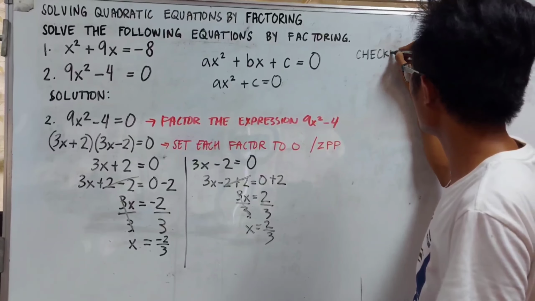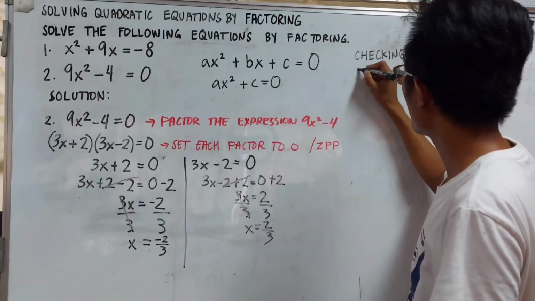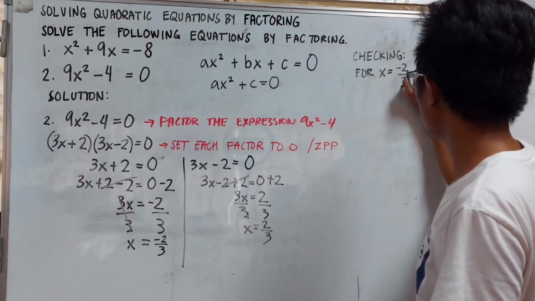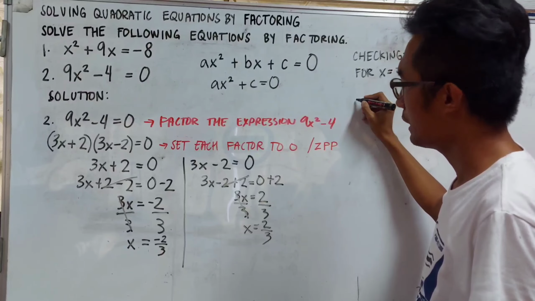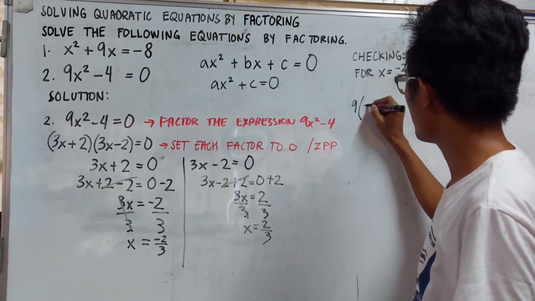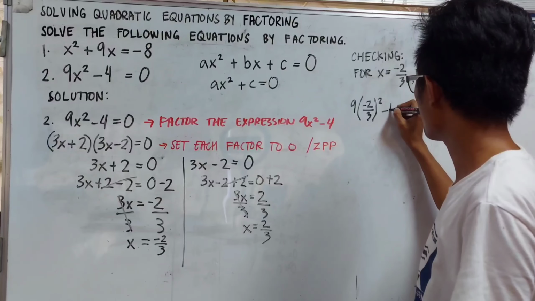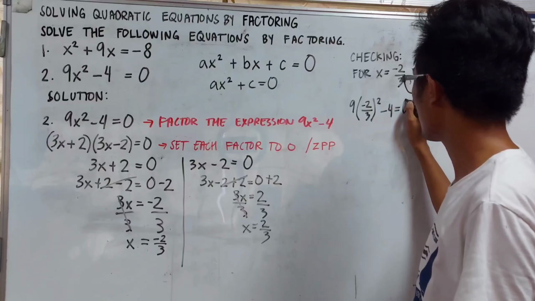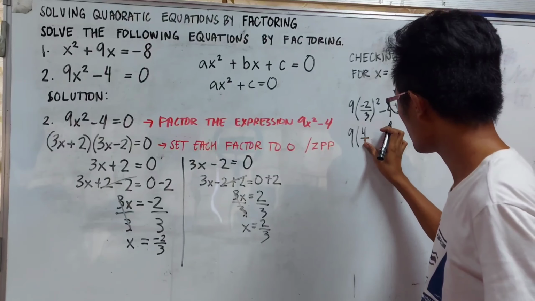Substitute the value of x for x equals negative 2 over 3. I-substitute natin. We have now 9 times negative 2 over 3 quantity squared minus 4 equals 0. Then, 9 times 4 over 9, sorry.